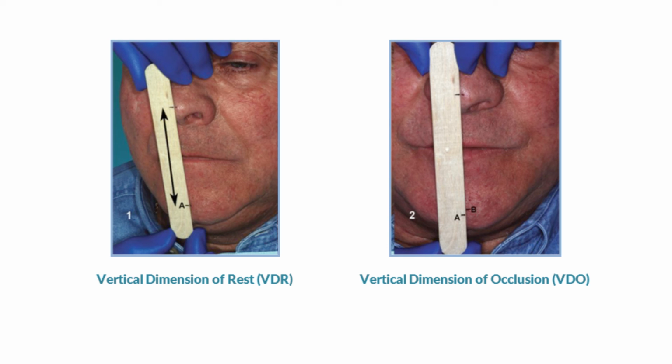So we've over-adjusted their vertical dimension of occlusion, and now we would say that they've lost vertical dimension of occlusion. Let's say you're really aggressive and reduce it by like 4 millimeters. So now your average patient that used to have a difference of 2 now has a difference of 6. You've completely changed the dimension there, and that can affect your muscles and also your joint.